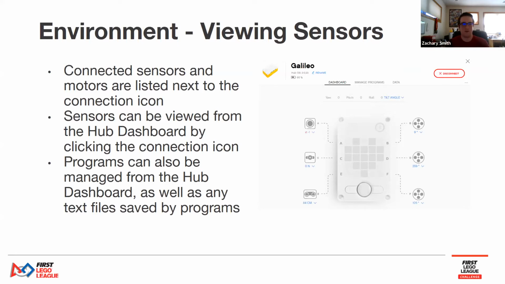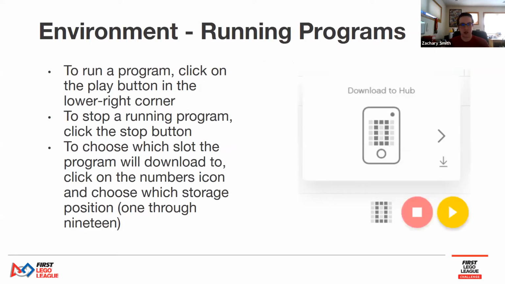So to actually run your program, when you are in the programming environment, you'll notice in the bottom right-hand corner, there's going to be a play icon, a stop icon, and then you'll see the numbering system.